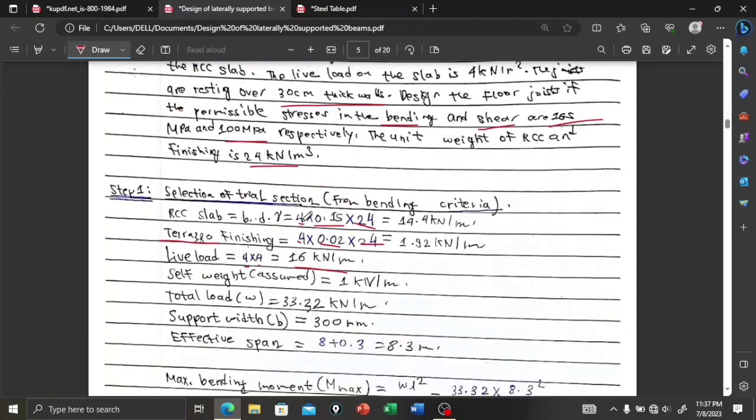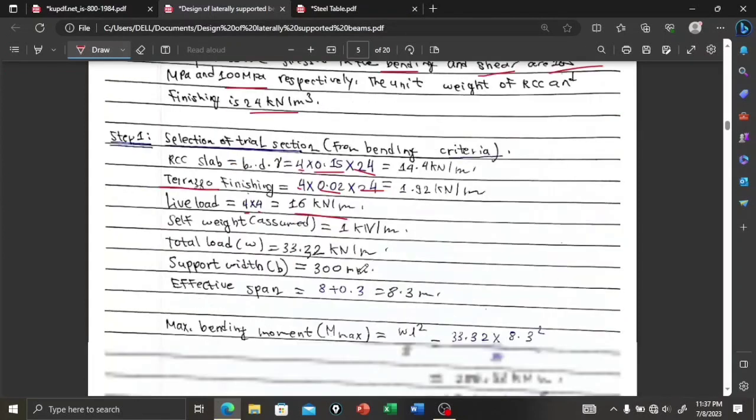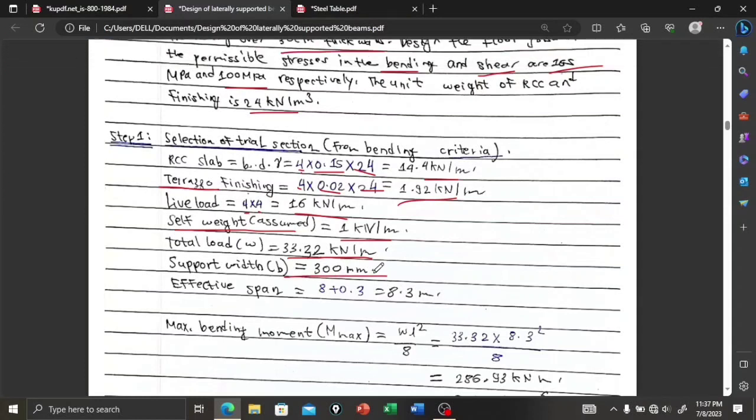So this multiplied by this is 14.4 kilonewton per meter, and 4 into 0.02 into 24 is 1.92 kilonewton per meter. And assume self weight of beam is 1. So this plus this plus this plus this is 33.32 kilonewton per meter.